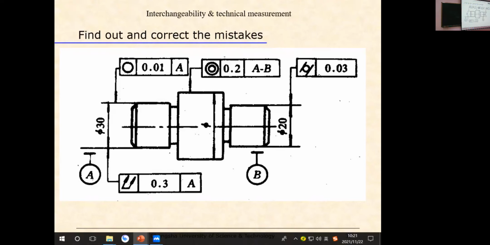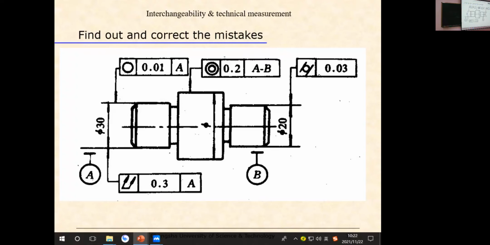As for the final test or final exam, we have to spend time. First, I just give you a picture and you notice the tolerance zone, or the optical tolerance, or find out and correct mistakes. Two types, two answers.